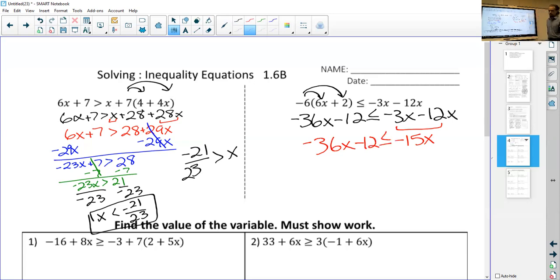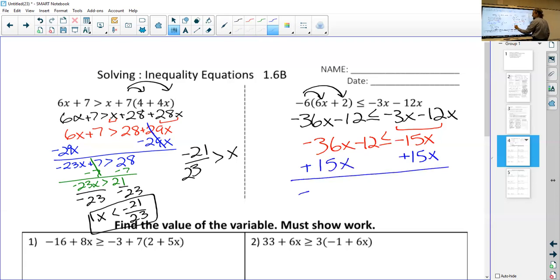And again, you have a decision to make. You could bring the 36x over here, make this positive, but then x is on the right side, so you have to flip it at the end. So for the interest of simplicity, we'll just do plus 15x to both sides here.